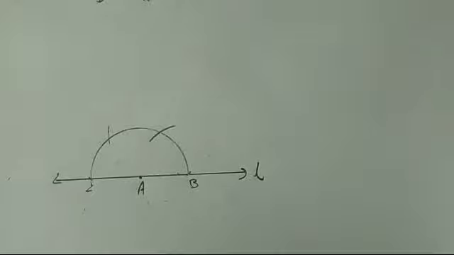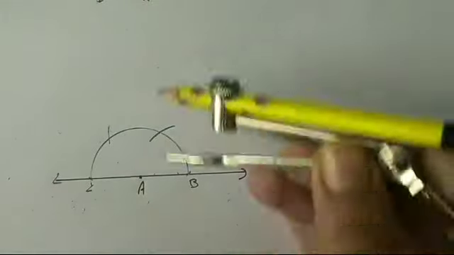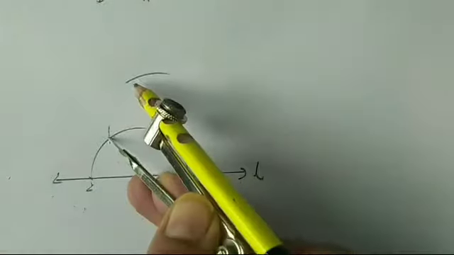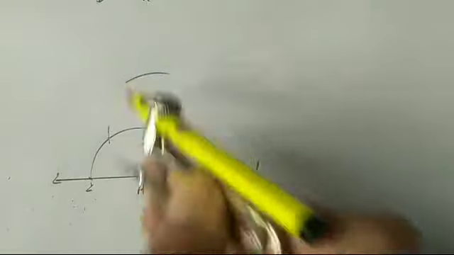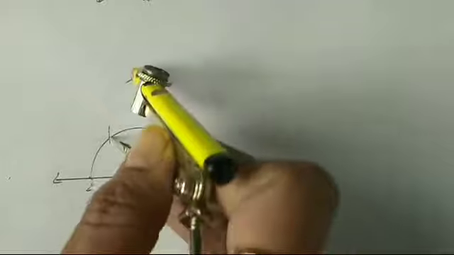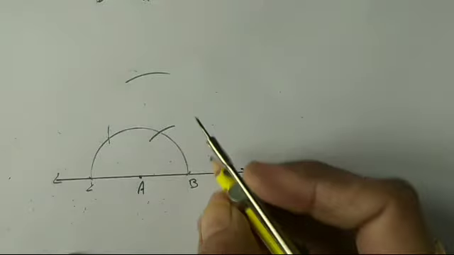After this, we can see here this is 60 degree and 120 degree. Now we'll find the bisector of 60 and 120. Taking the same radius, we have not marked these points, so let us mark them.